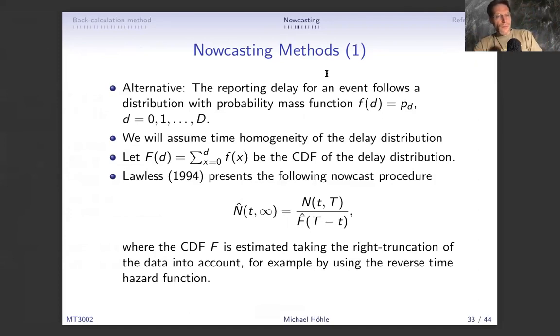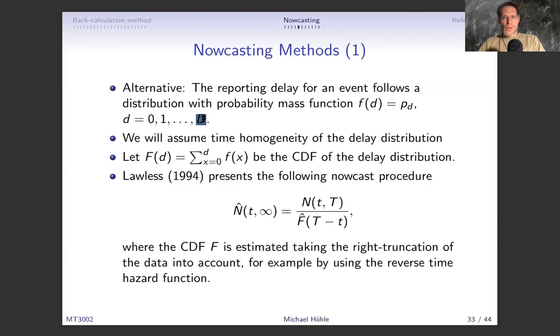We say the reporting delay of an event follows a discrete distribution with a given probability mass function, which we call f_d, simply equal to p_d, a probability between 0 and 1. We start at 0, so it's possible to report with 0 delay, and there is a maximum possible delay, and delays larger than that will not occur.